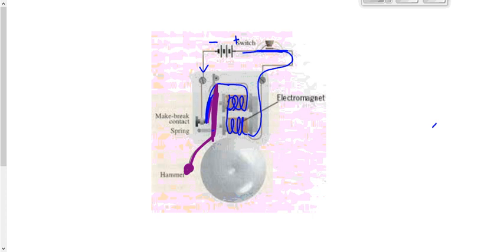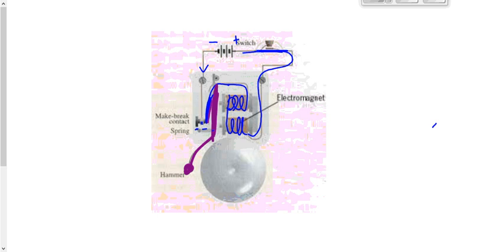As the current turns off, what happens to the electromagnet? Turns off. This spring right here pulls it all back to the make or break contact. Makes contact again. Current starts flowing again. Remagnetizes the coils. Pulls everything over again. Ding. Turns everything off. Spring pulls it back. Current starts flowing.